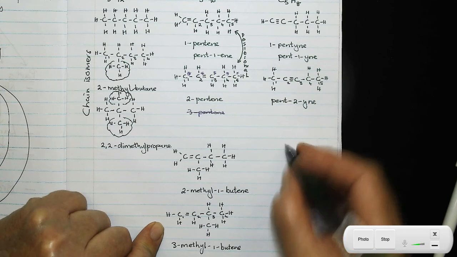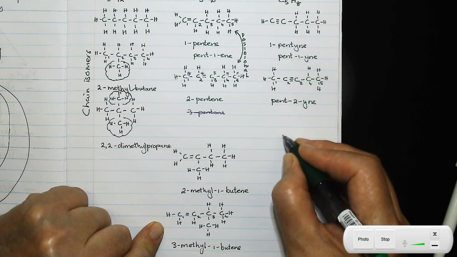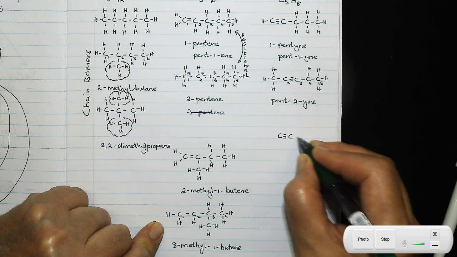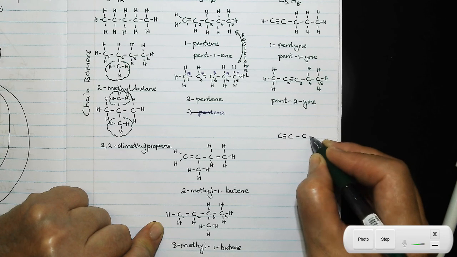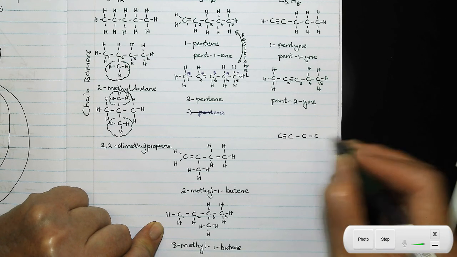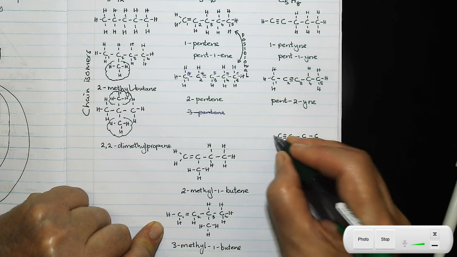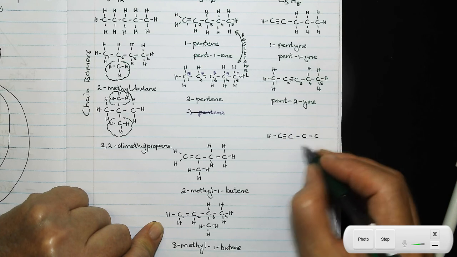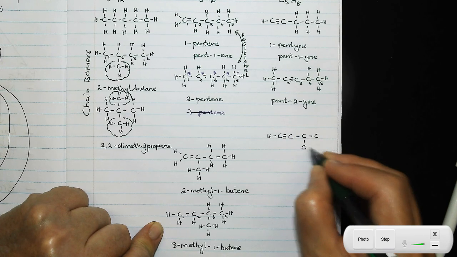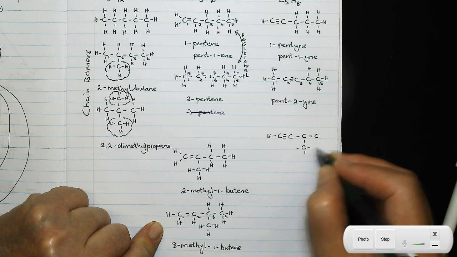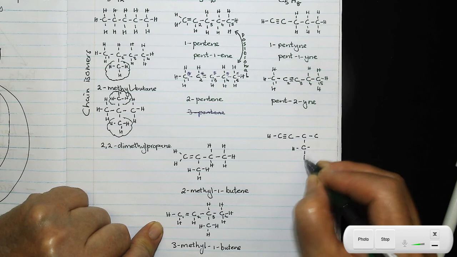Last set of molecules, a chain isomer for the pentyne. There is only one possible chain isomer here, and it's the one where we take the 1-pentyne and we move one of the carbons to the 3rd carbon in the carbon chain.